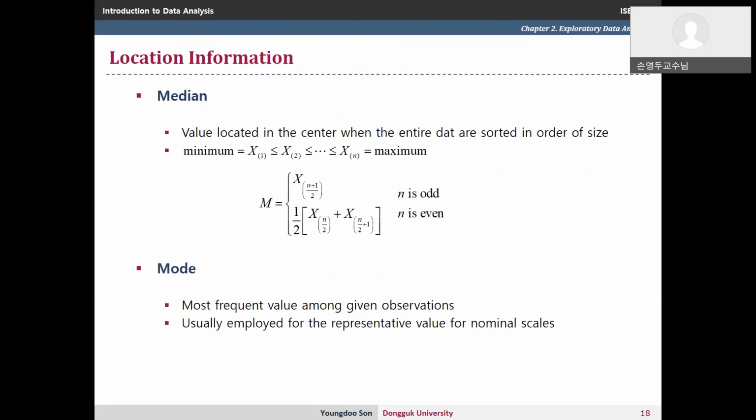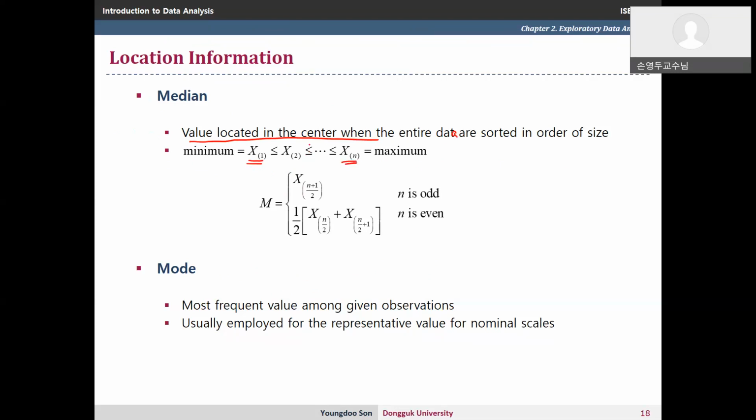There are some other representative values for the location information, which are called the median and mode. The median is the value located in the center when the entire data are sorted in order of size. So we order all the data from the minimum value to the maximum value.